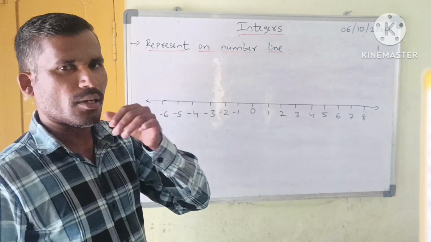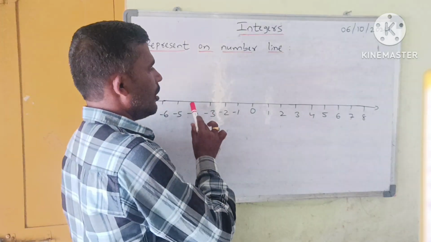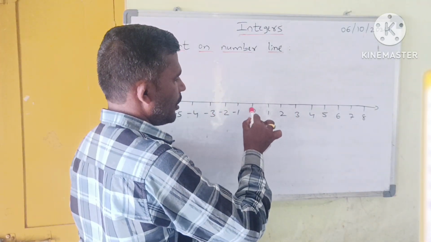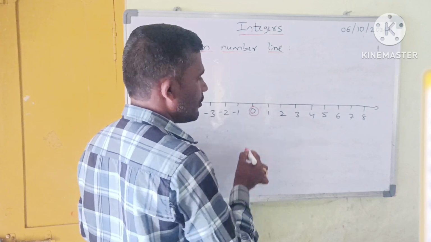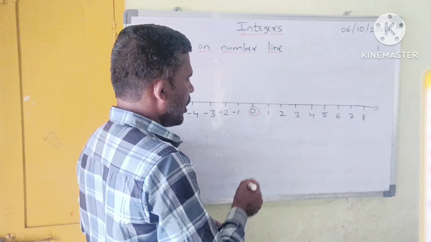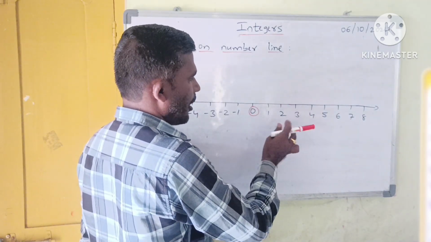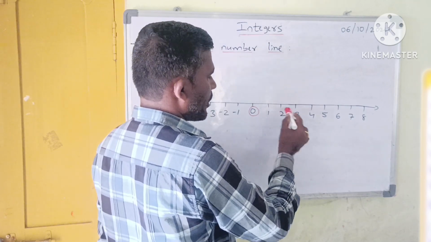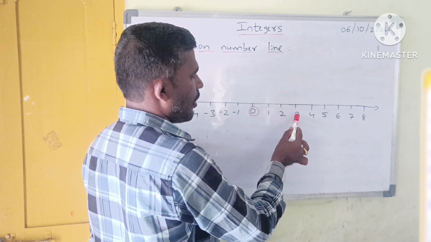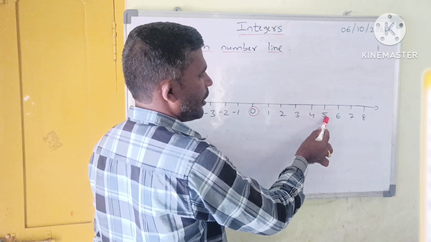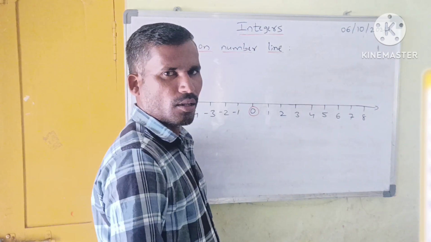I am taking the horizontal line, and in the middle of the line I am taking 0, that is the origin. Right side to the origin I am marking the points and taking the numbers 1, 2, 3, 4, 5, 6 and so on.